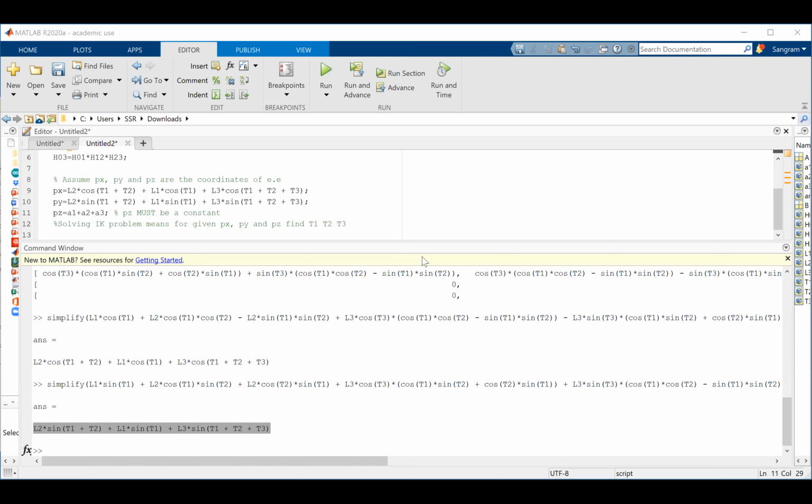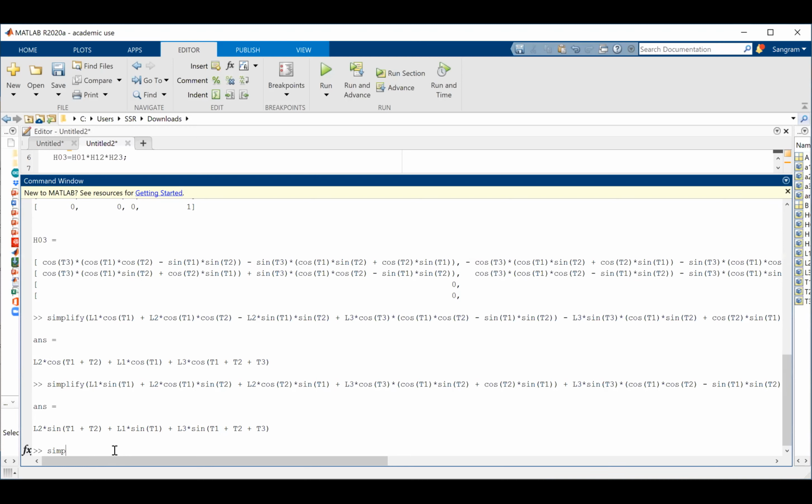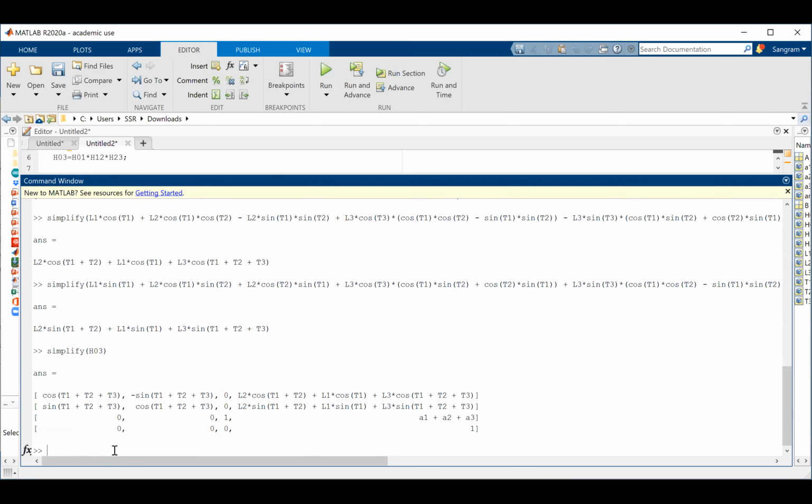And so for an example, sometimes if the angles are given to you, then you can actually use those angles. So let me show you what I mean by that. It probably is not clear. If I do simplify H03, check this out, that big matrix gets converted into a simple matrix.